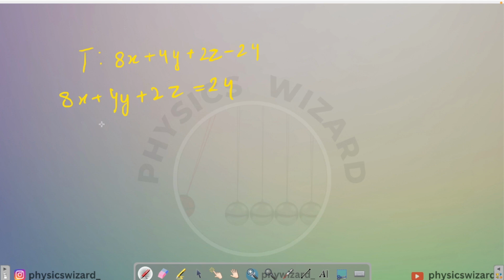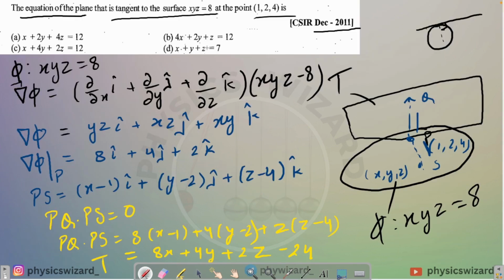And if we divide both sides by 2, we get 4x plus 2y plus z equals 12. Actually this is the simplest form, and the equation of any plane is always in simplest form. So this is the answer. Now look for the answer. This is our right answer, B.